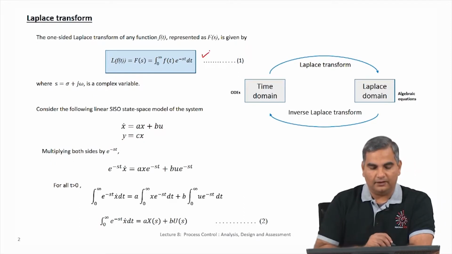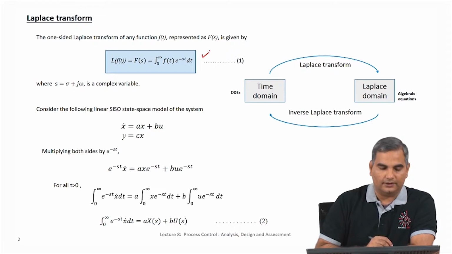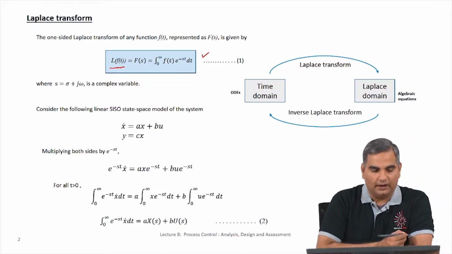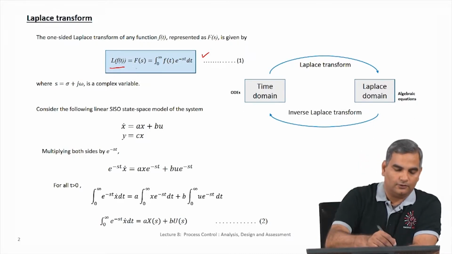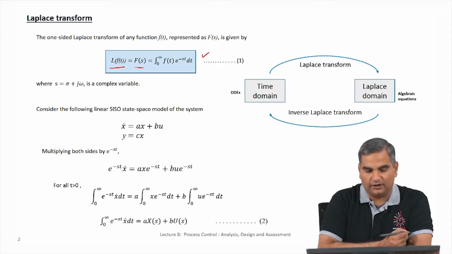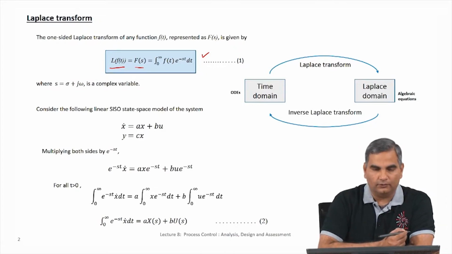Now, the main thing that I want you to notice here is when we take a function which is in time domain and take a Laplace transform of that time domain function, then it goes into the Laplace domain and it becomes a function of s, which is not yet defined for us. So, the standard notation is if you define a function in time domain using lowercase alphabets, in the Laplace domain you change the lowercase alphabet to an uppercase alphabet.